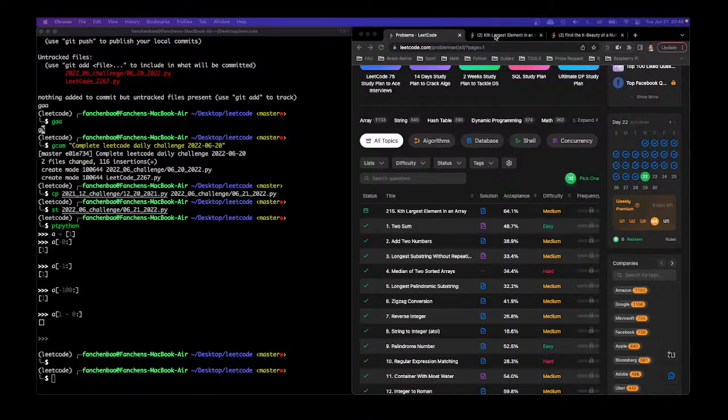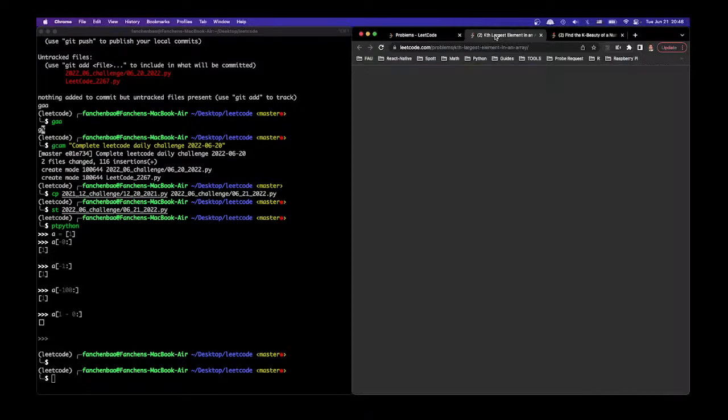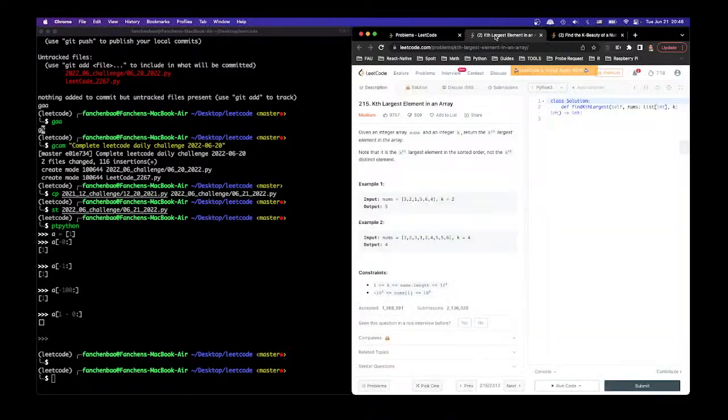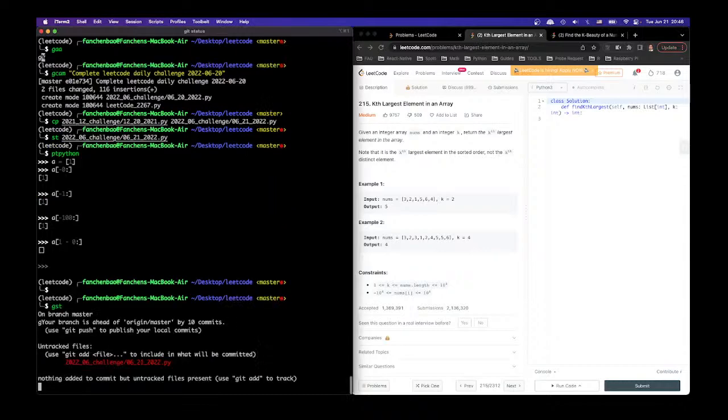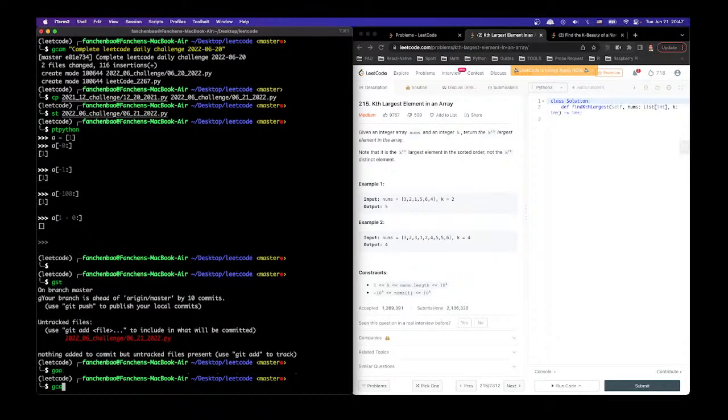All right. Anyway, let's move on to today's problem: kth largest element in an array. So you don't have a requirement to not use sorting. No, so we just sort, and then I don't see how this one is any challenging.